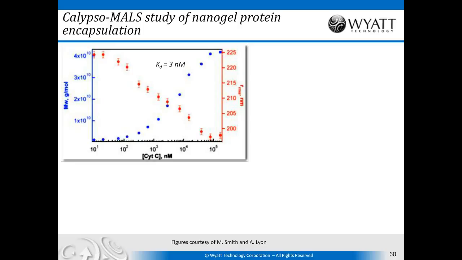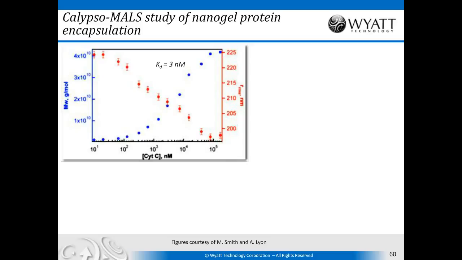And you can see again, looking at molecular weight, which is the blue, a very large increase in molecular weight by about 100-fold. So a very, very small molecular weight when there's very little protein, up to a very large uptake in molecular weight. But the size, again, is decreasing here. So in this case, the size is decreasing from about 225 nanometers over here to about 200 nanometers over there.